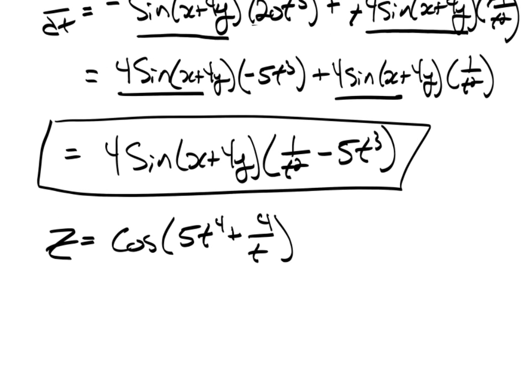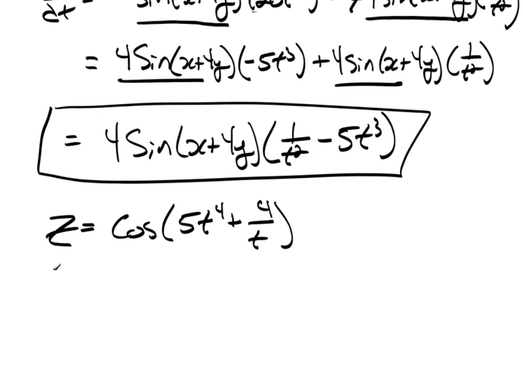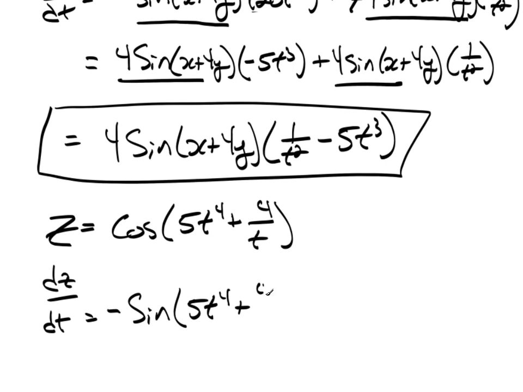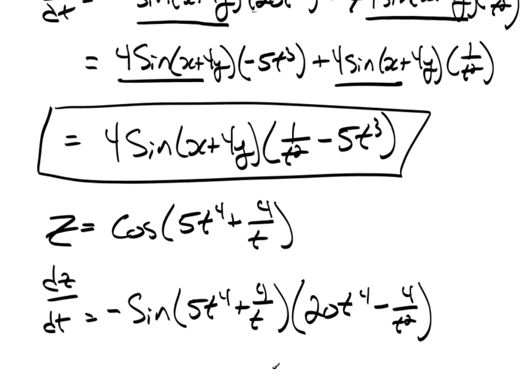And if I simply go directly here and find the derivative of z with respect to t, I will get a negative sine of 5t to the fourth plus 4 over t times the derivative of the inside, which will give me 20t cubed minus 4 over t squared. And then, obviously, if I factor out the negative 4 here, I'm going to get the same answer.